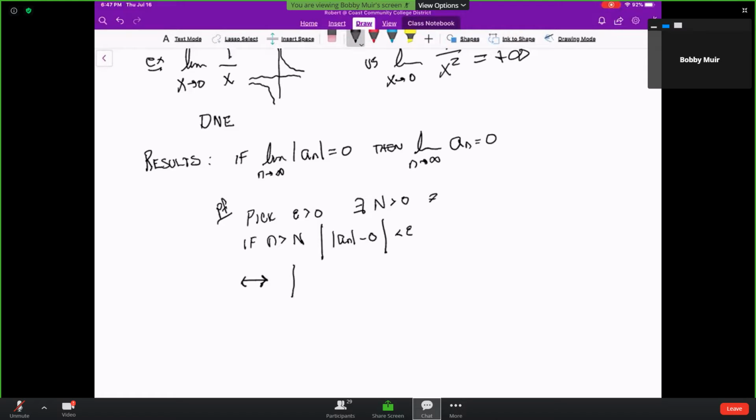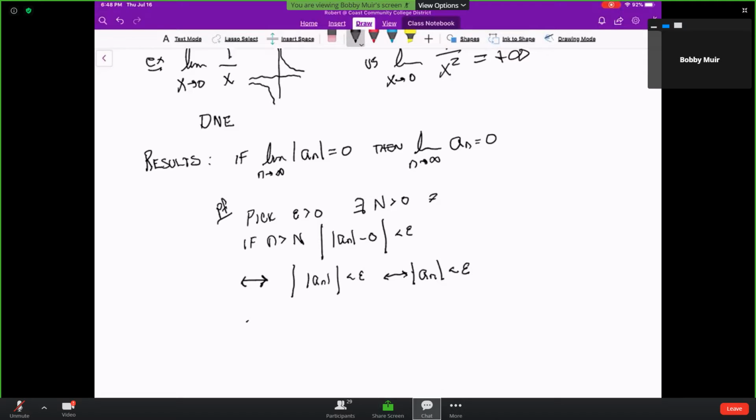the absolute value of a_n less than epsilon, because 0 is 0, right? And there's no sense of having double absolute value signs.